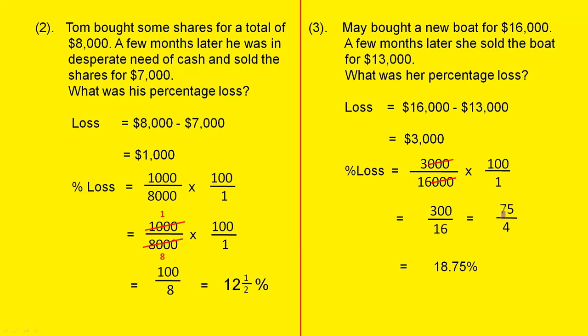We divide top and bottom by 4 to get 75 over 4. When we work that out, we see that the percentage loss is 18.75%.